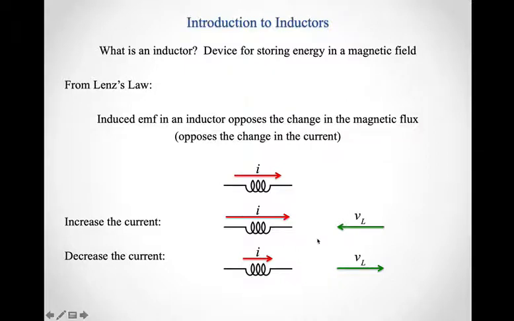So if you increase the current, you end up with an EMF from the inductor that is acting to try and decrease that current back to what it was. On the other hand, if you decrease the current flowing in the circuit, your inductor will generate an EMF that is trying to increase the current back to what it was. So in both cases, the inductor is simply trying to get you back to what the current was before you started trying to change it.